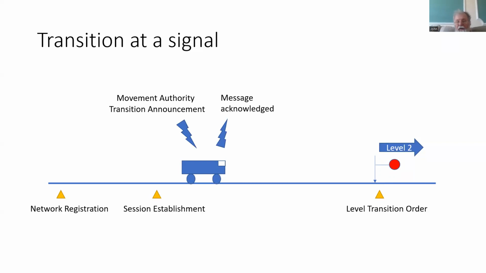And we can use the fact that the message is acknowledged to enable that signal to be cleared. So we now know that the train will be brought to a stand by the normal train protection systems and the red signal before the transition, unless it's got a movement authority. So the green signal prevents the train going into the ETCS area and transitioning unless it has got a movement authority.